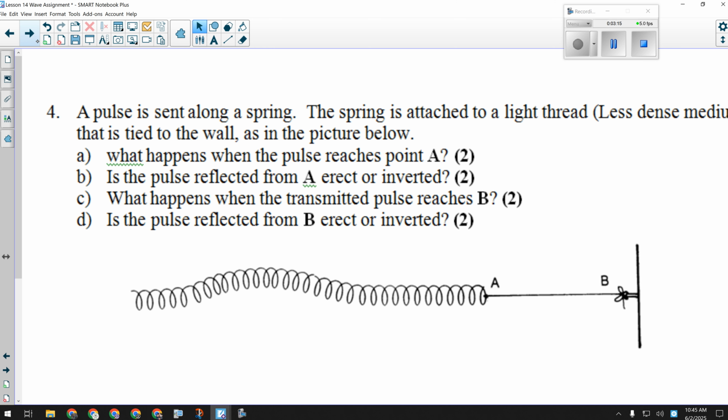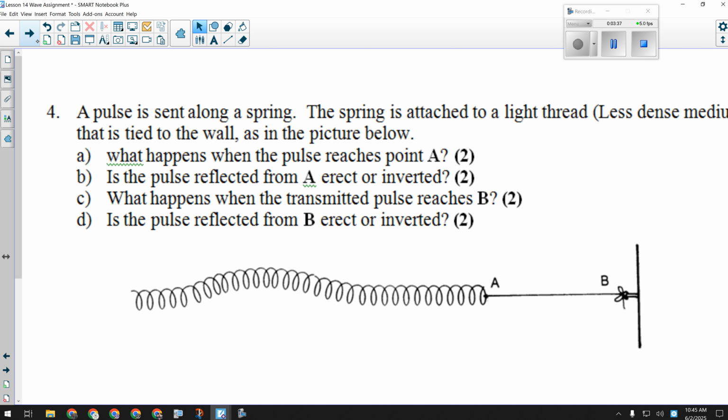Point A is the boundary between the slinky and the string. The string is less dense, so the wave is going to travel faster there. Will the reflection be upright or inverted? Upright. When it goes into a less dense medium where it will travel faster, there will be very little reflection, and what reflection there is will be upright.